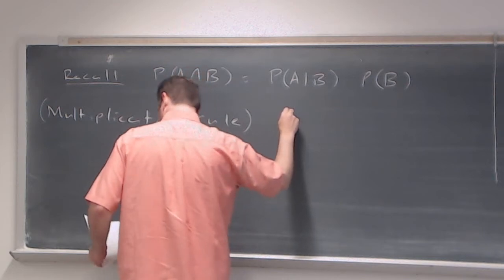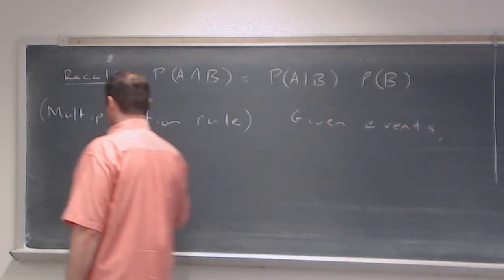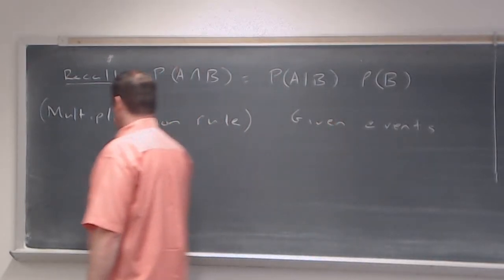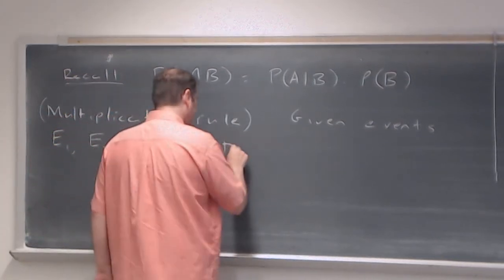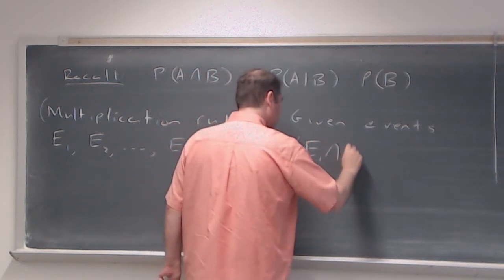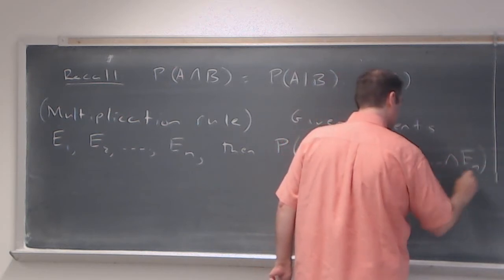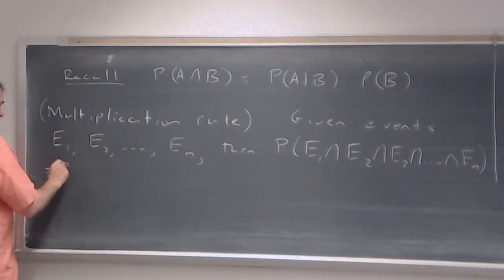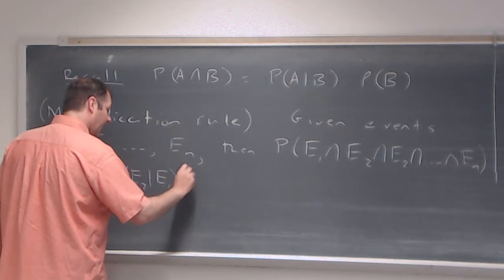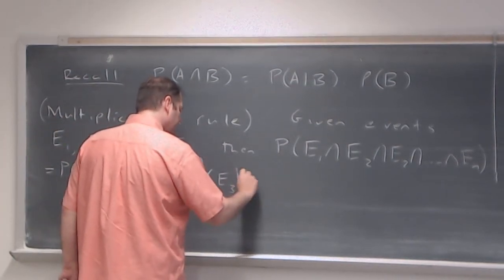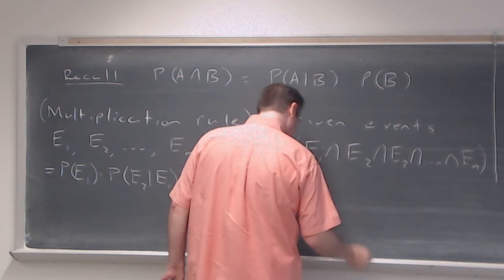It says, given events E1, E2, all the way up to En, then the probability of E1 intersect E2 intersect E3, keep going to the intersection of En is equal to the probability of E1 times the probability of E2 given E1 times the probability of E3 given E1 intersect E2, times, and keep going.